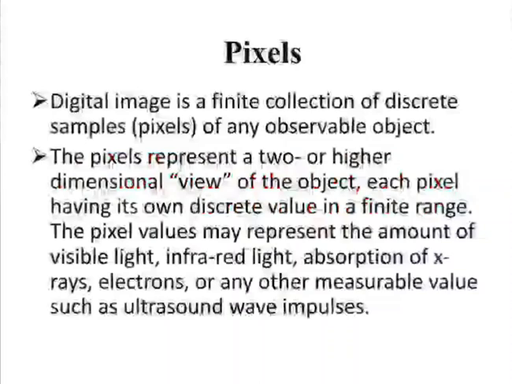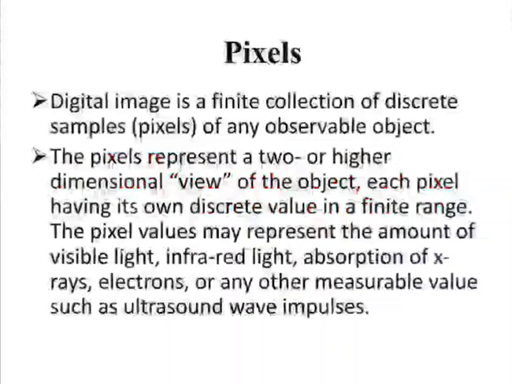A pixel P at coordinate (x, y) has four horizontal and vertical neighbors whose coordinates are given by (x+1, y), (x-1, y), (x, y+1) and (x, y-1).